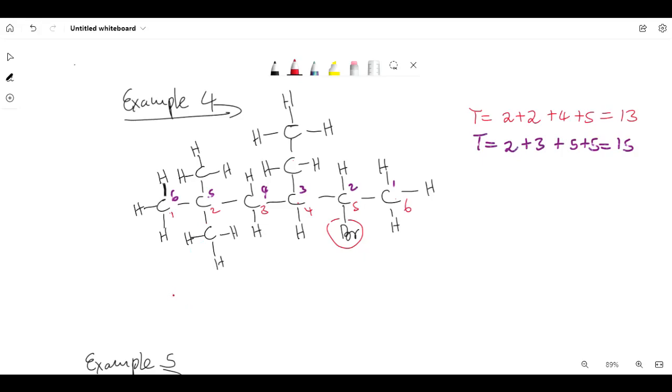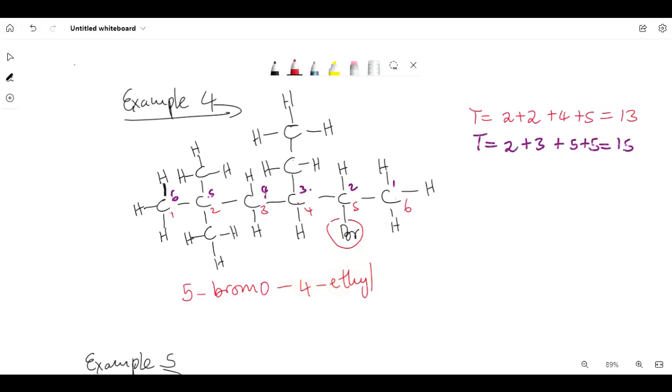So I'm going to have 5 bromo, dash, 4 ethyl.